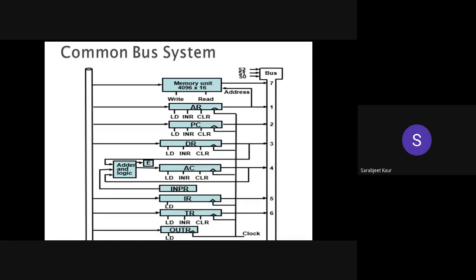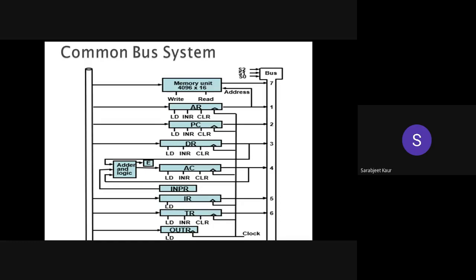And we have again and again said that we want to fetch the contents from the main memory into one of these registers, and then maybe perform the operation and then store back the result from one of the registers to the main memory.